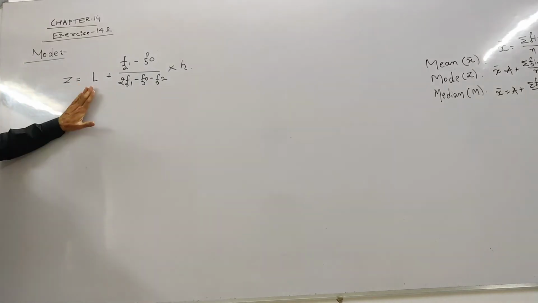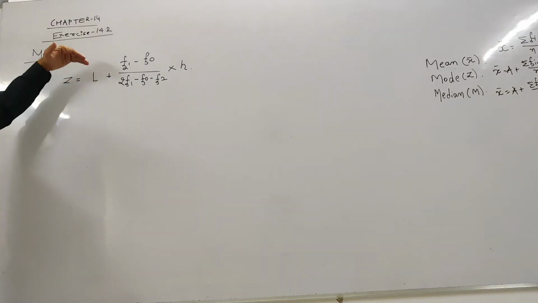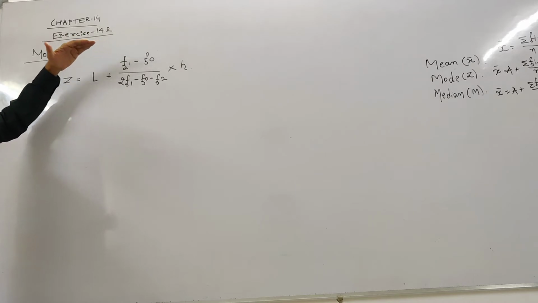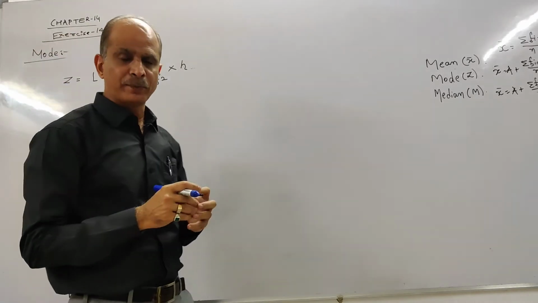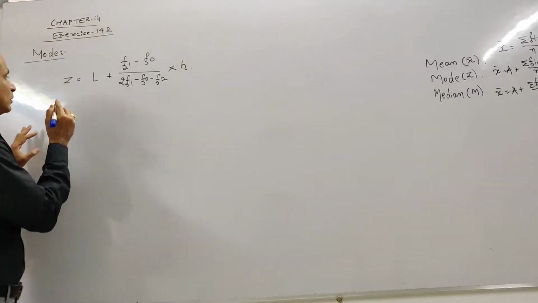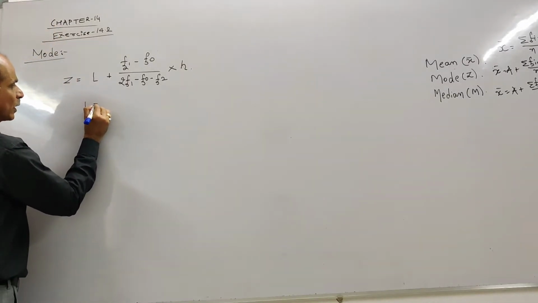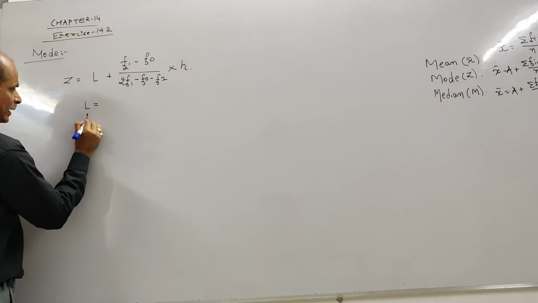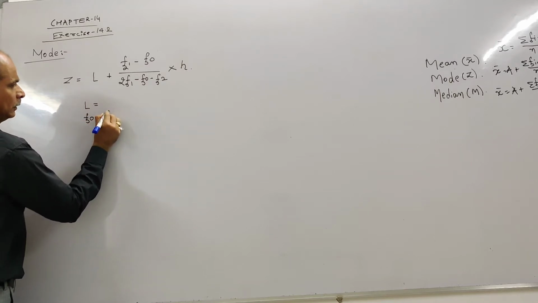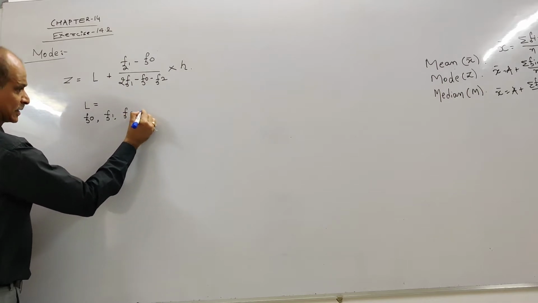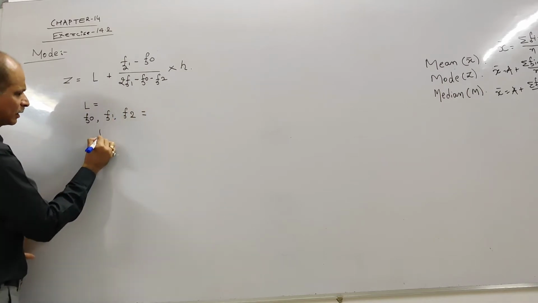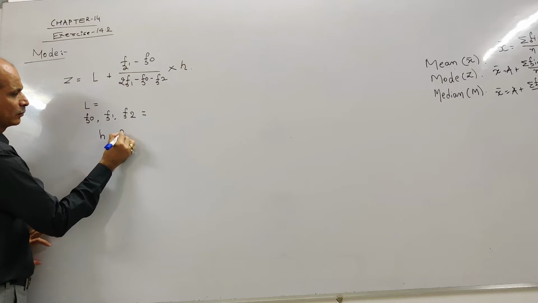Now how to find this L as well as f1, f0 and f2 as well as h. From the example, you have to find the value of L, that is the lower limit. Then you have to find f0, f1 and f2, that is the frequencies, and third, you have to find h.